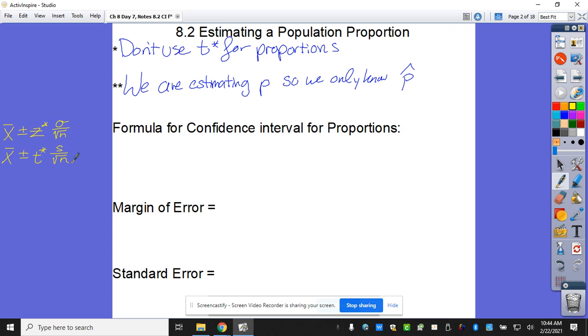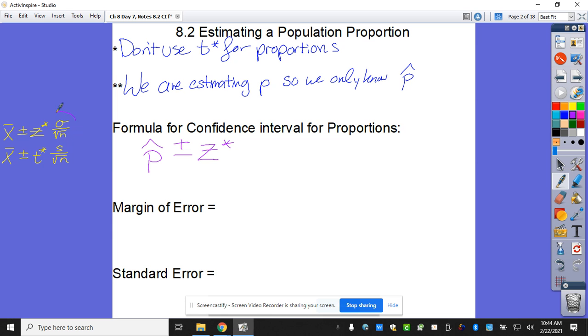Well, now we don't have x bar as our point estimate. What is our point estimate? p hat. But we're still going to have plus or minus. Here I had the option of z and t, but we know now that we don't use t, so that has to be z.